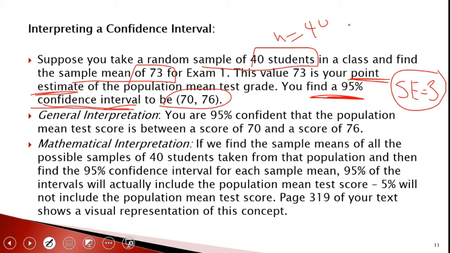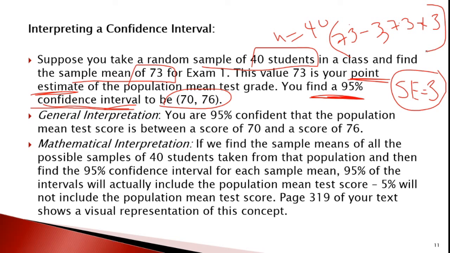73 is my point estimate. So it is 73 plus your standard error 3, and again 73 minus 3. This is an interval, so this is your confidence interval.